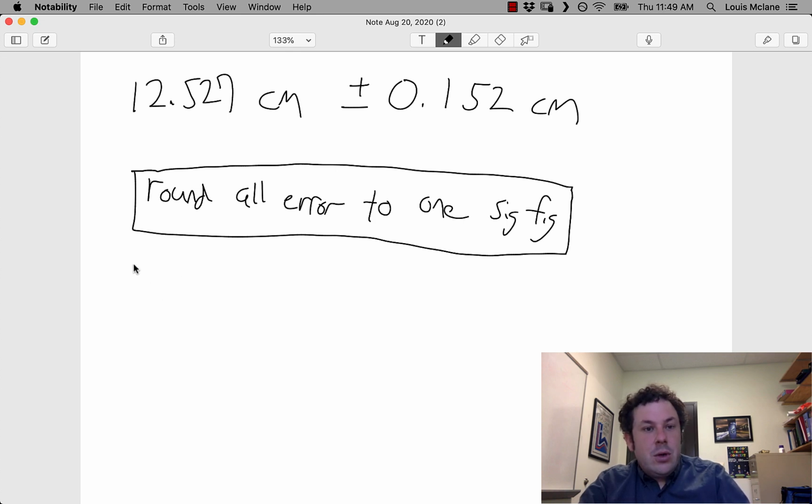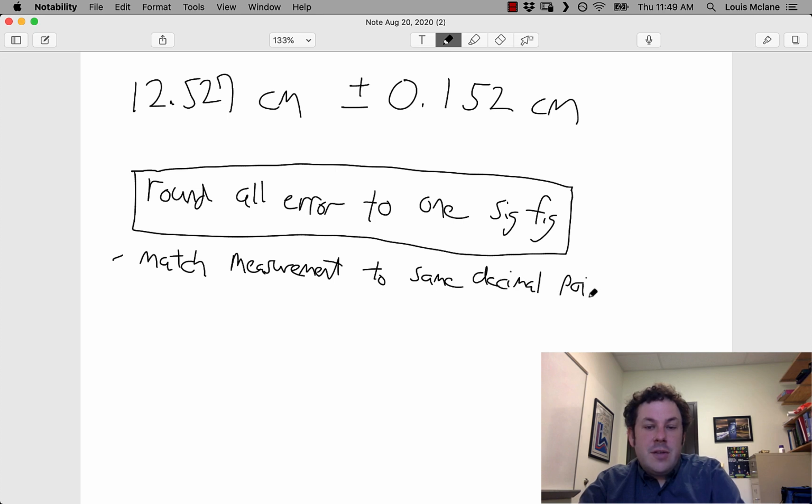And then the second rule that you're going to learn is you're going to match your value, your measurement, to the same decimal point as your error.